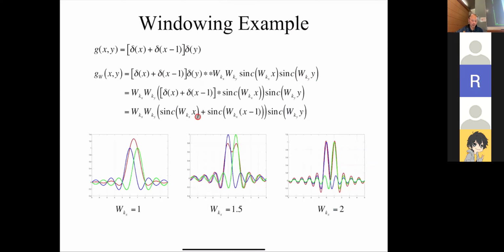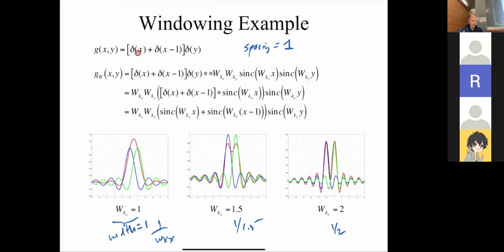And this is just an example of what happens when we get to the limit. So here, the window is, so these are spaced. So the spacing here is 1, right? And I said my effective width is 1 over delta kx, right? So here my width is equal to 1. Here it's equal to 1 over 1.5. Here it's equal to 1 over 2. Okay.